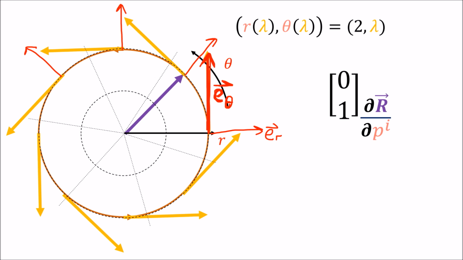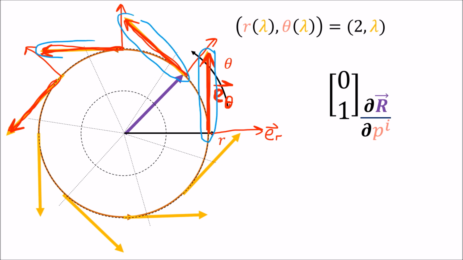So since this circle has a radius of 2, the basis vector also has a length of 2. So these components, 0 and 1, look about right. All the vectors have no components in the r direction, and they're the same length as the theta basis vector. And that applies to tangent vectors everywhere on the curve, so the components 0, 1 make sense.